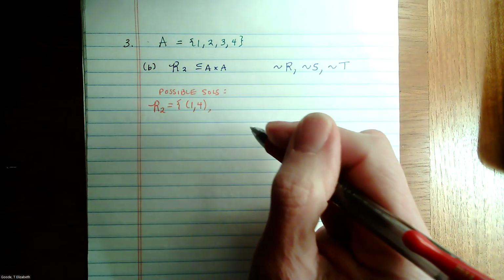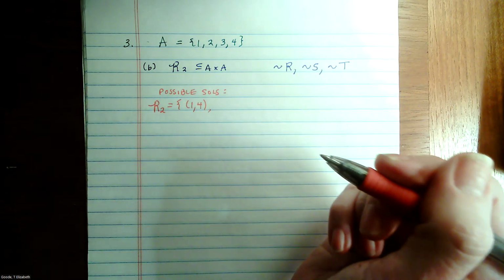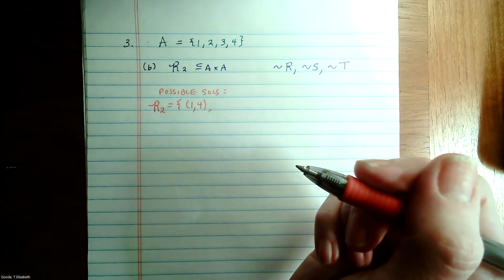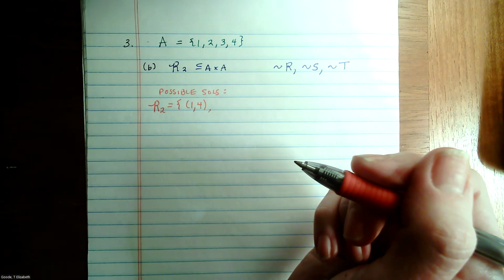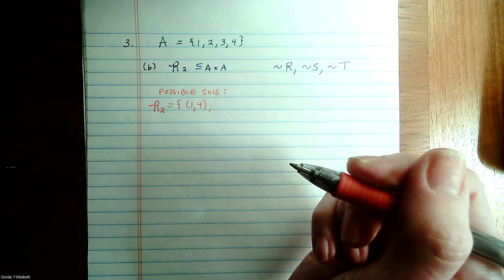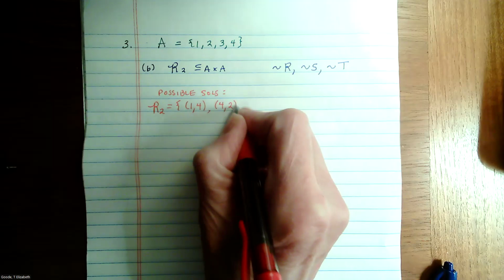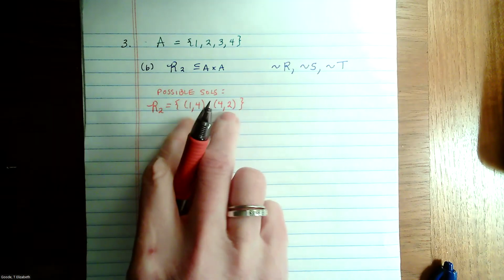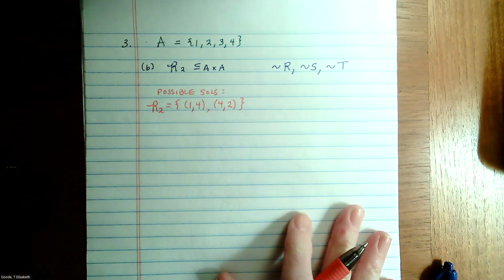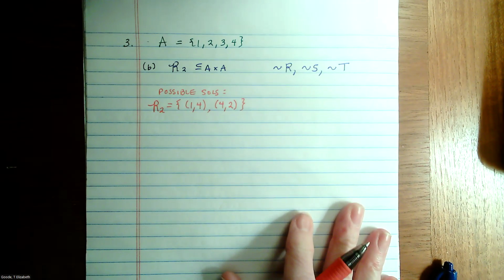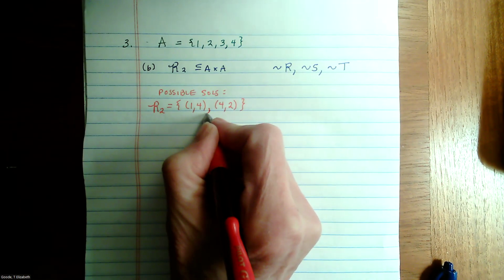And I'm just wondering, why did you put 2, 3 in there? The 2, 3 was so I thought I had to use all of the elements in the set. Is that true or no? Nope. Okay. This is a subset of A cross A, isn't it? Yes. Oh, okay. See what I mean?